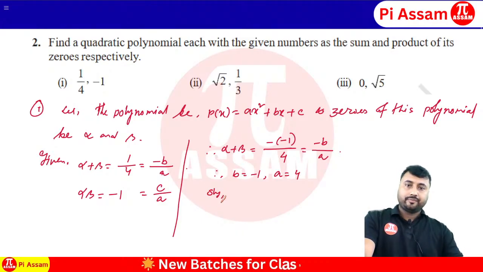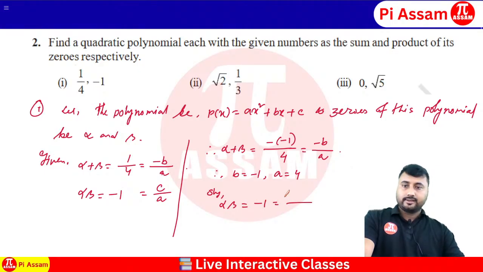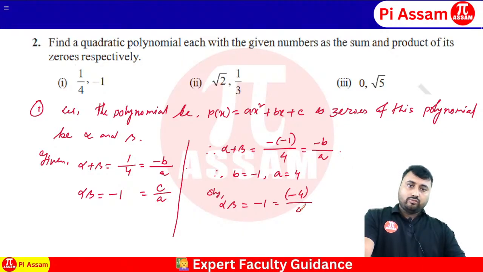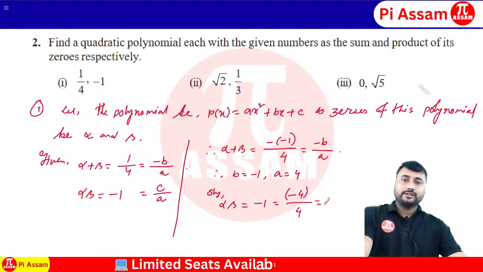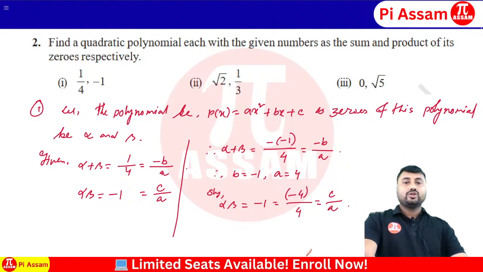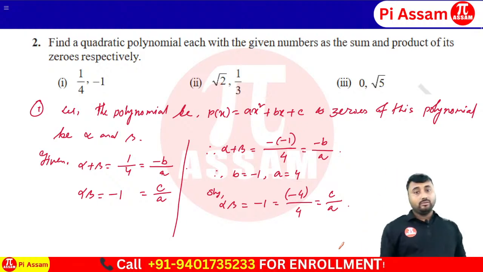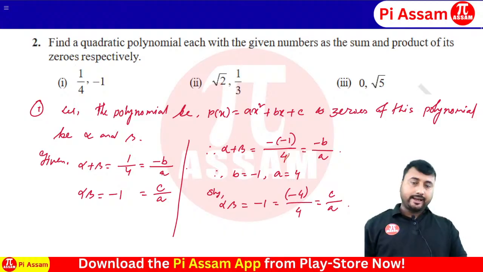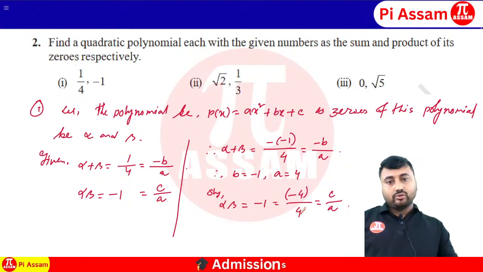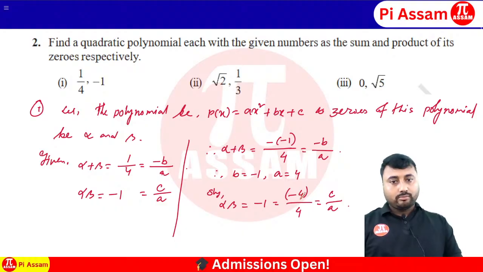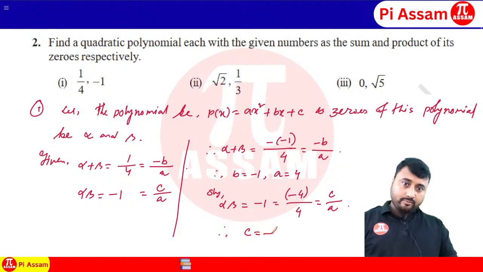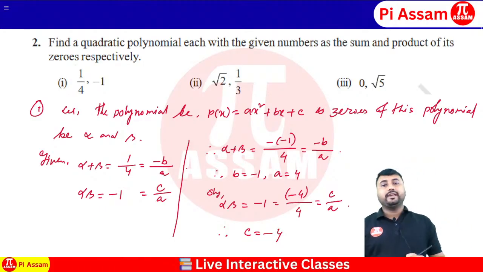Similarly alpha into beta is equal to minus 1, we can write minus 4 divided by 4, so it will be minus 1, which is equal to c by a. Comparing the value of a, a is 4, so here c will be minus 4. So we get the values of a, b and c.